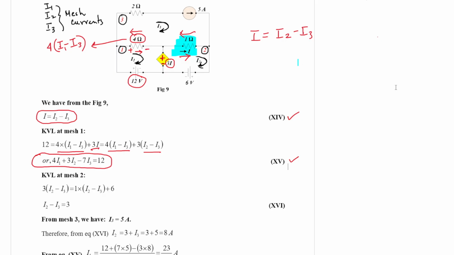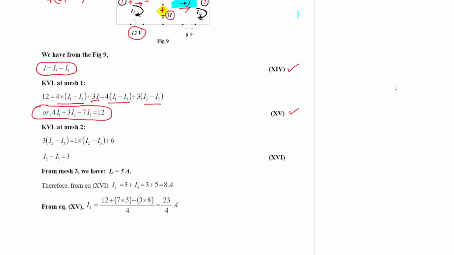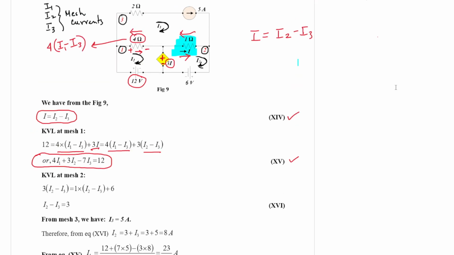Now let us proceed towards mesh number 2. Let us first investigate how many components are there. We have first the 6 volt source, that is number 1. Number 2 is the potential drop across the 1 ohm resistor.